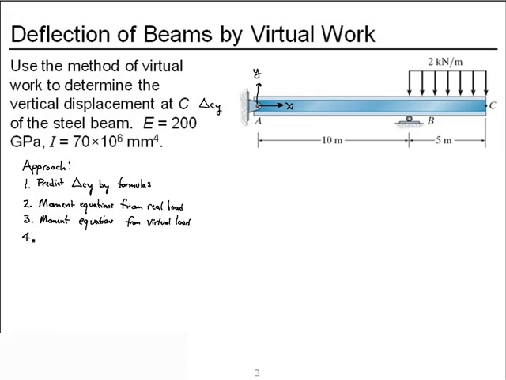We'll then be able to predict the vertical deflection at C using virtual work. And then our last step is to compare the predictions. If they don't match, we'll have to go back and evaluate why.